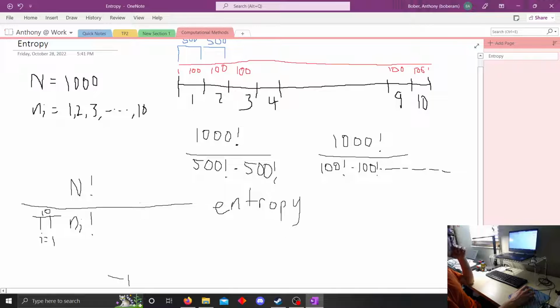Something to keep in mind is that when we are actually trying to calculate entropy, 1,000 factorial is a very, very large number, and I would imagine most calculators can't calculate that.